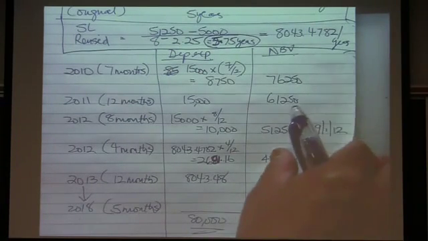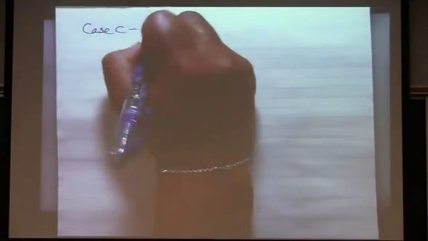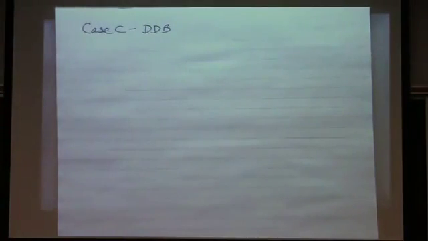Now, what would this look like under the double declining balance? So, under the double declining balance, case C, we're going to have to recalculate, just like we did with straight line, on September 1st, 2012.